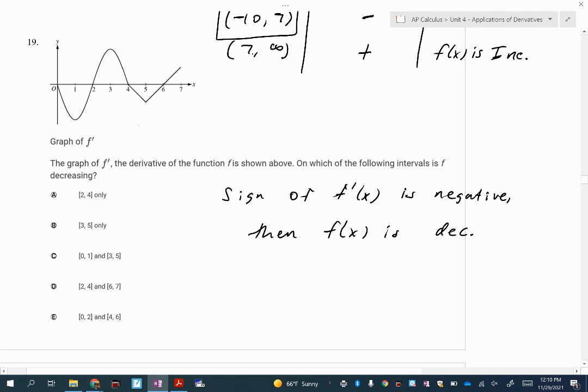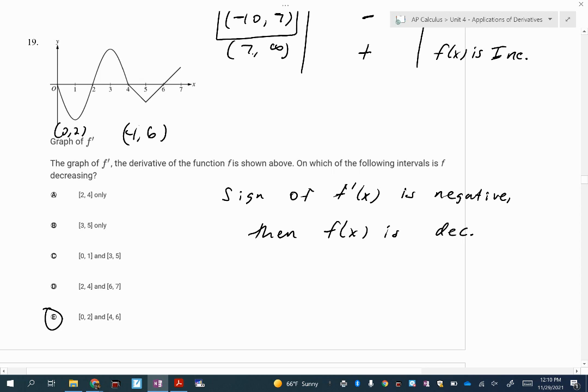So I'm looking for where the curve here is below 0. That's going to be 0 to 2, and then 4 to 6. So my answer is E.